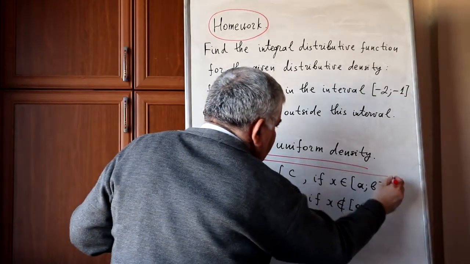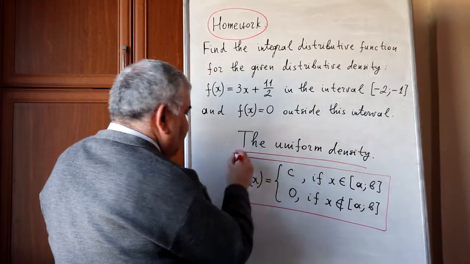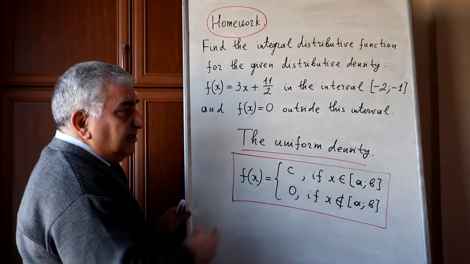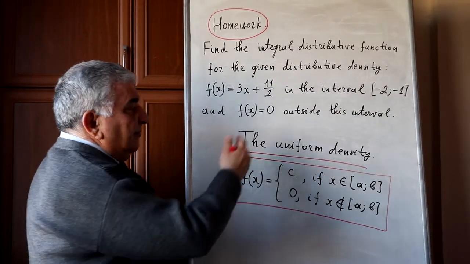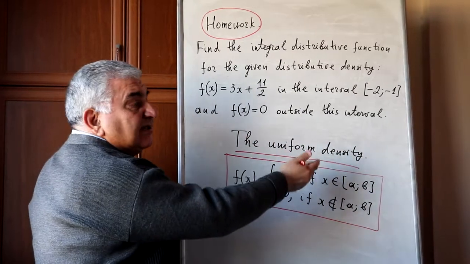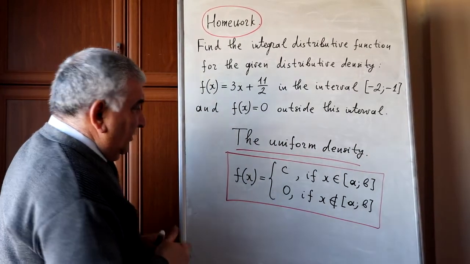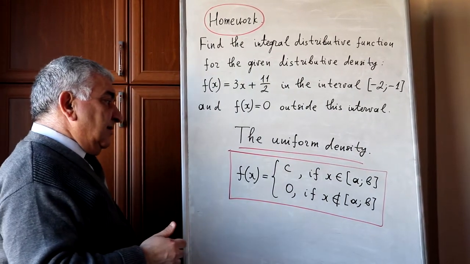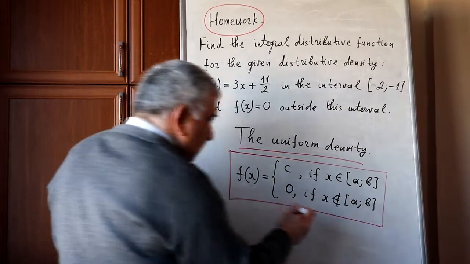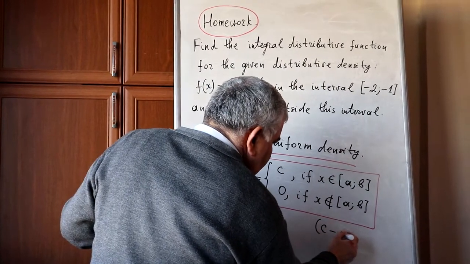Uniform density in Azeri it is muntazam, and in Russian it is равномерный. Равномерная плотность. Muntazam sıklık. Here C is constant value.